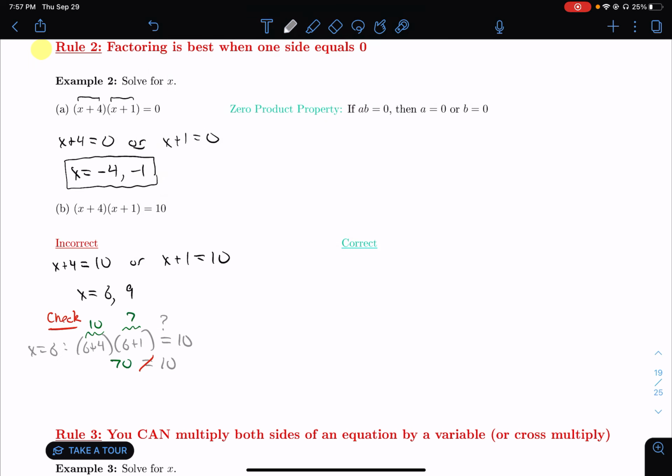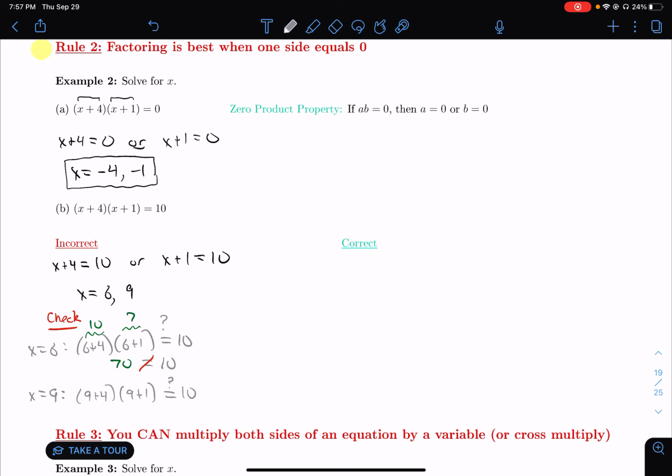Well, maybe the other answer works. Let's try x equals 9. If I plug that into the first parentheses, I'll get 9 plus 4. In the second parentheses, I'll get 9 plus 1, equals question mark, because I don't know if it equals 10.